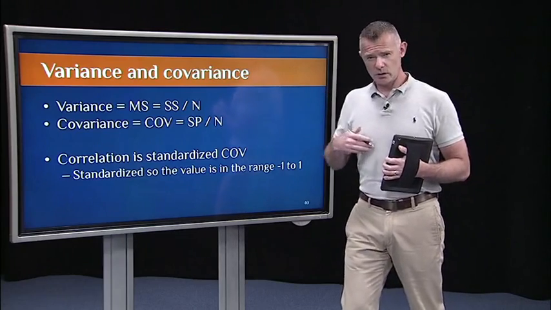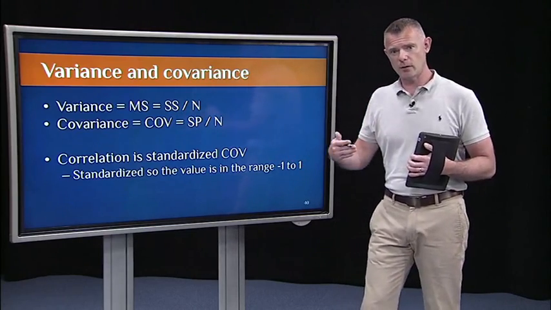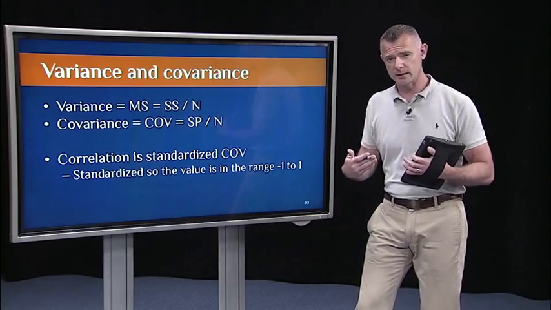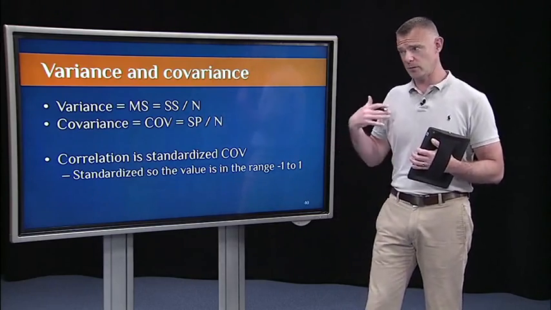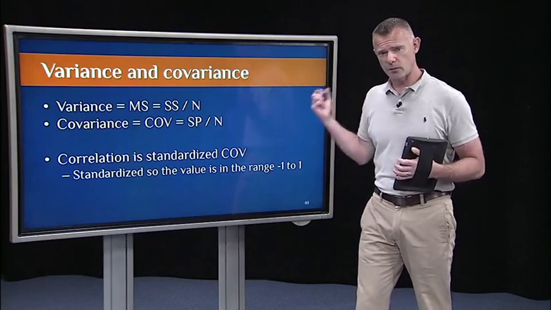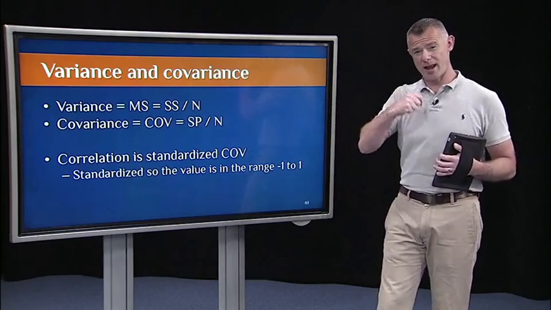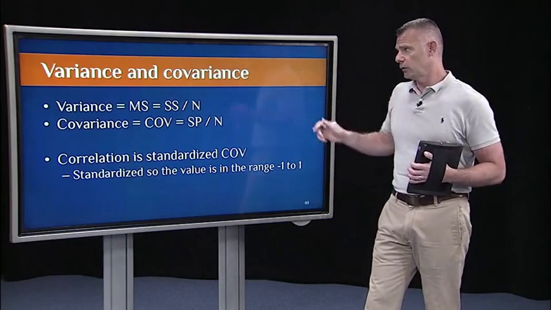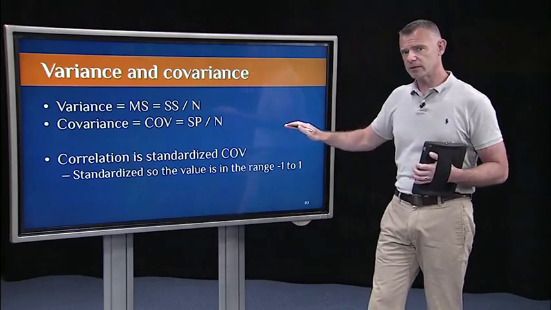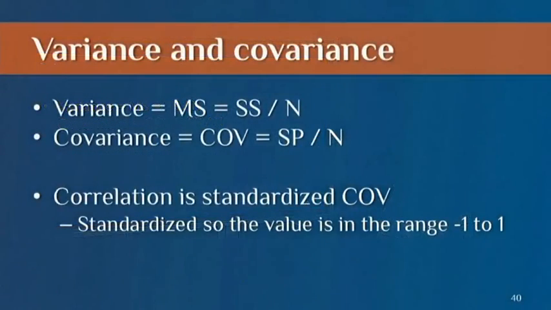Here too, you need to push yourself to another level and say, okay, I know what variance is, but what is covariance? And you need to be able to look at these formulas and, one, conceptually get them, and two, mathematically unpack them. So to recap, variance is mean squares because it's the sum of squares divided by n.